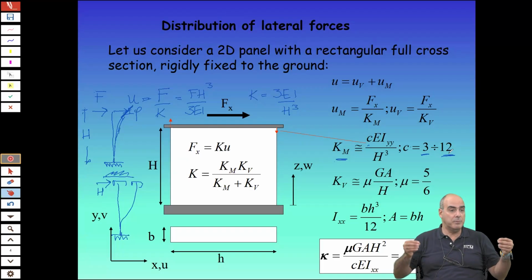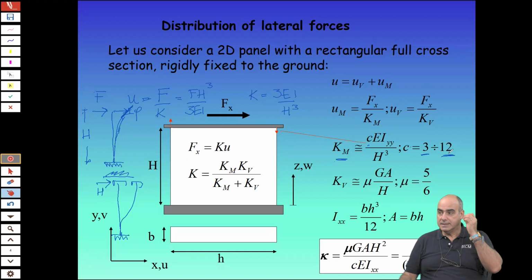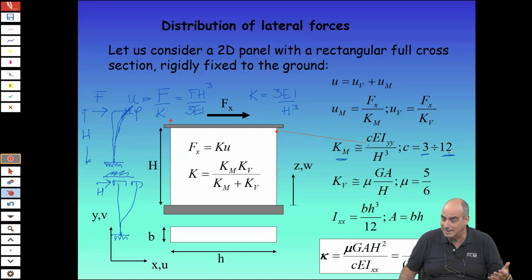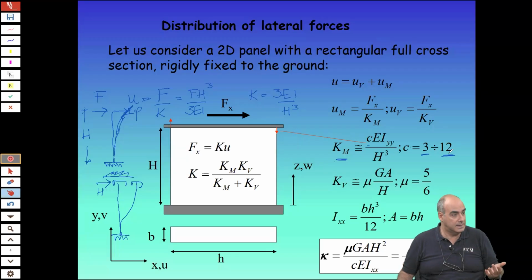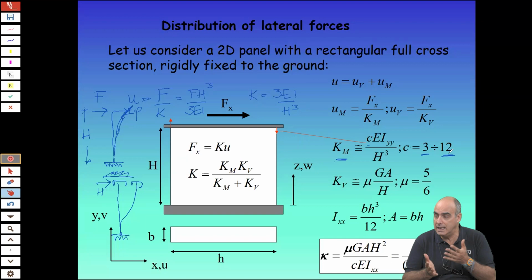In slender beams, the shear stiffness is much higher than the flexural stiffness, so the shear deformability we can neglect. But in this case, the two terms can become, if not comparable, at least the shear deformability cannot be neglected anymore.